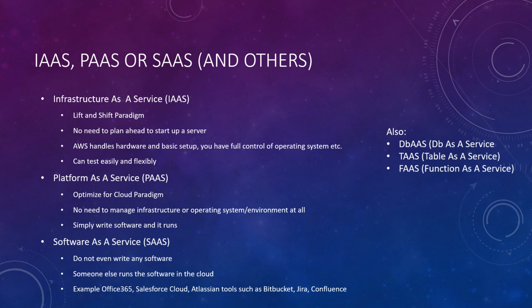Table as a service is really like having a database as a service where AWS manages the database, but with table as a service it actually manages everything. All you have to worry about is the table itself. So you don't even have to write backup software or restore software.